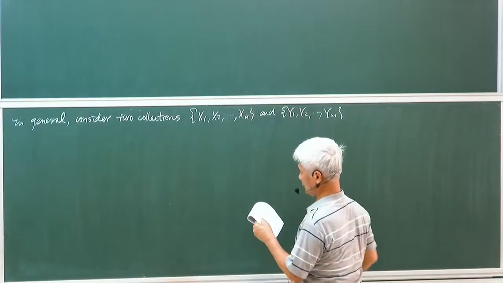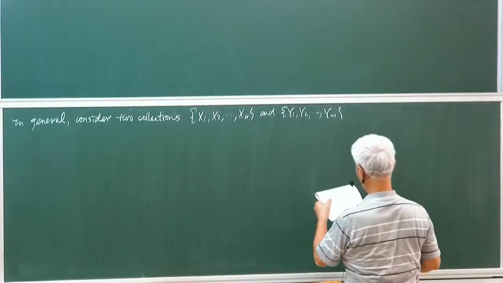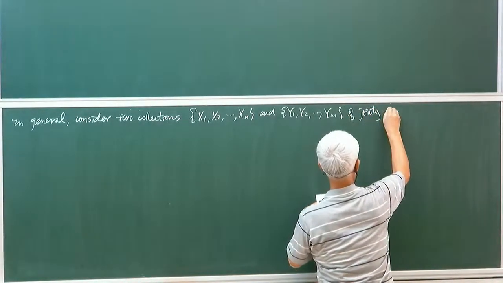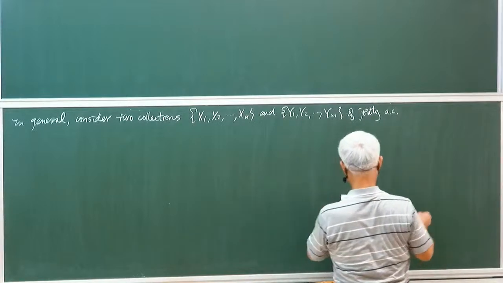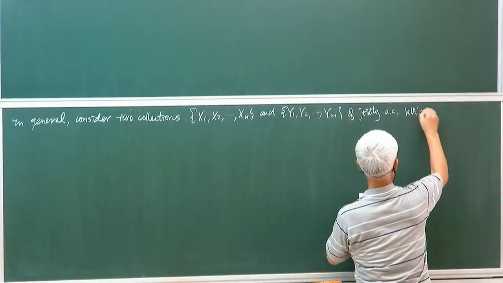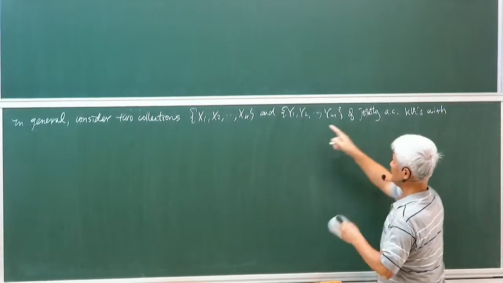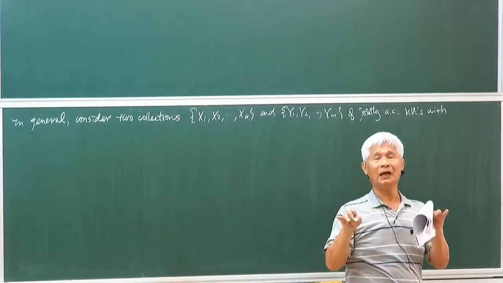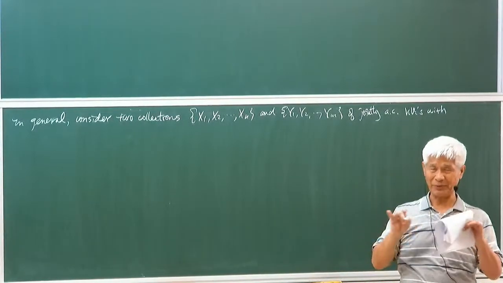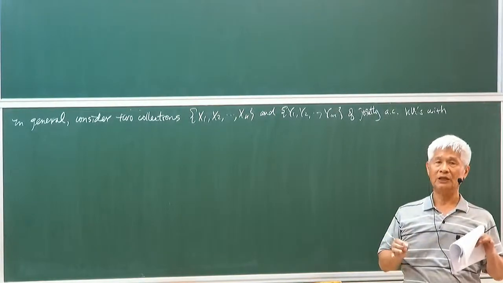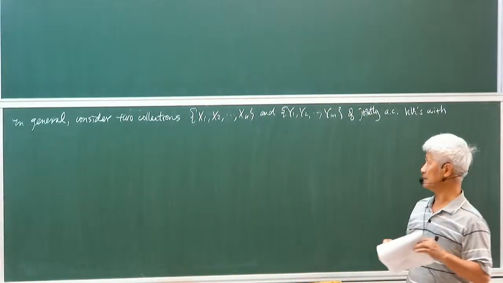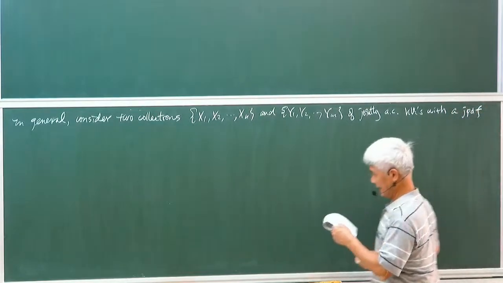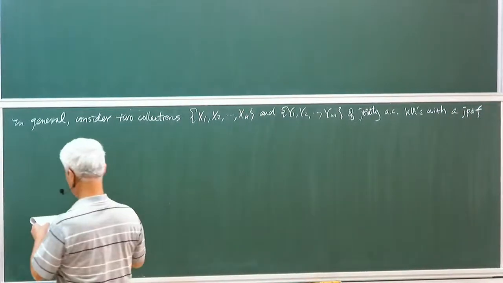One is the so-called X collection, the other is called the Y collection. So we have n plus m random variables, and these n plus m random variables are jointly absolutely continuous with a joint PDF.